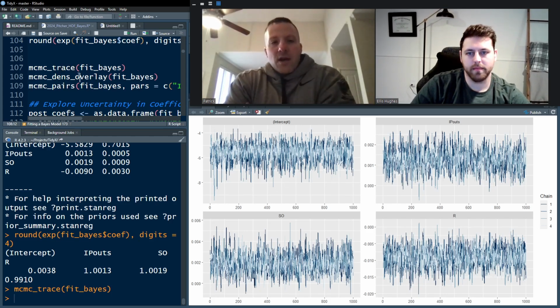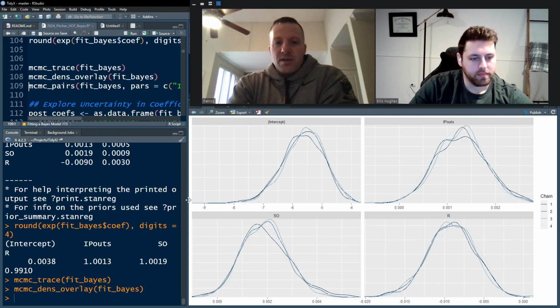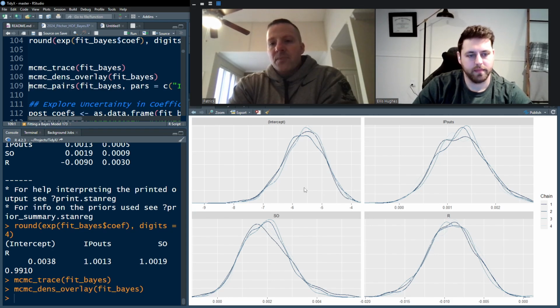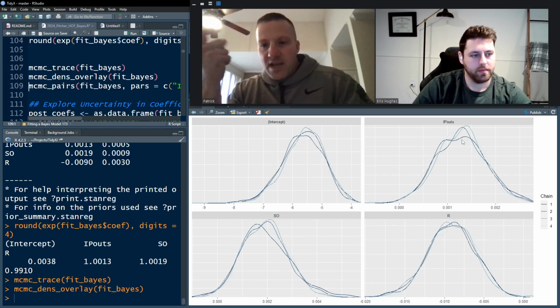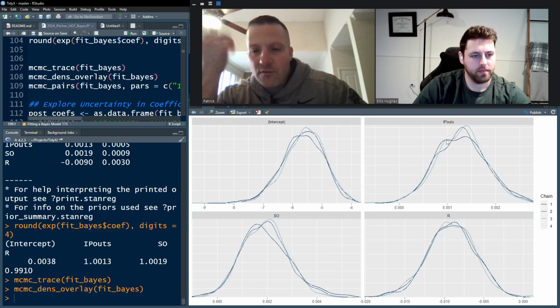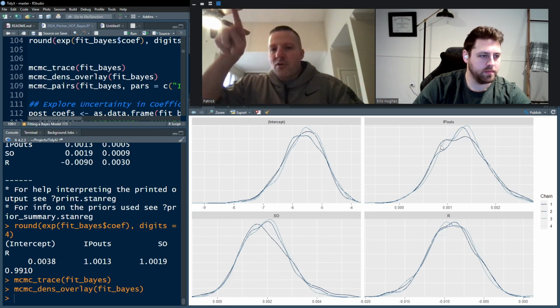Similarly, we can construct some density plots of each of these iterations. This shows each chain with its 1,000 iterations and gives us a nice density plot to show how these coefficients looked for each of the chains. So you could see, for IP outs, the first chain had a lot more exploration. It was almost like this weird little bimodal blip.